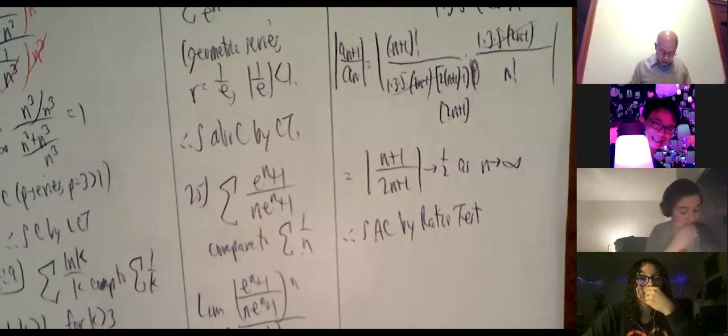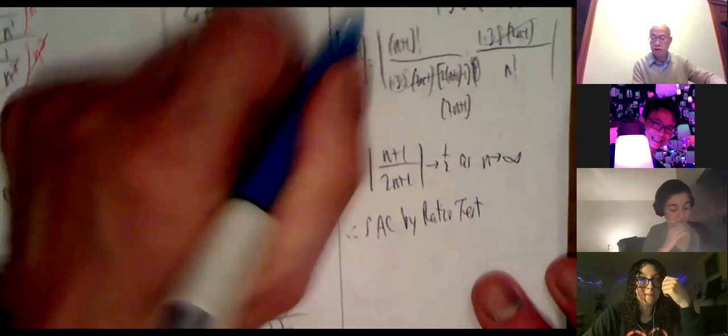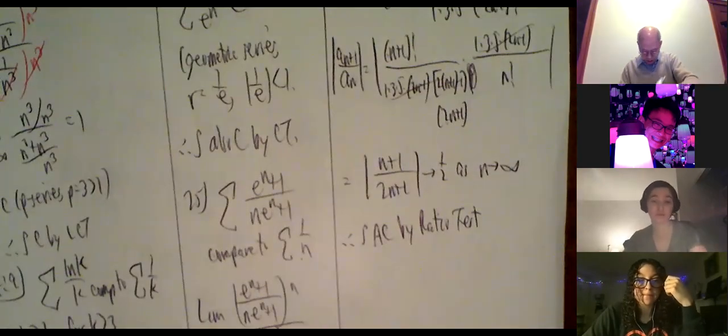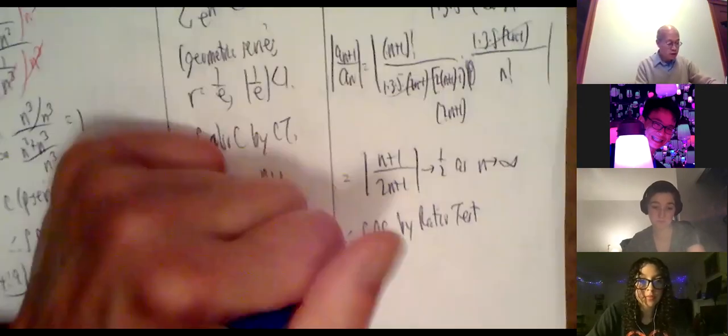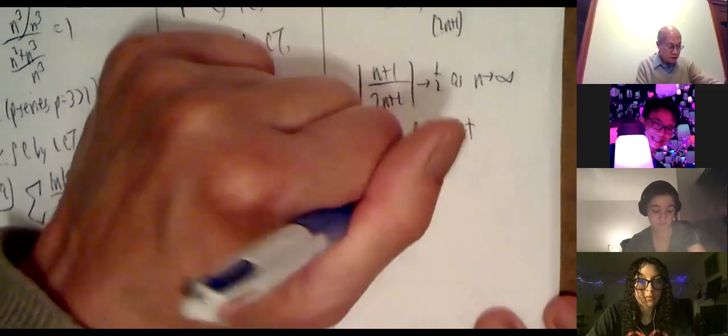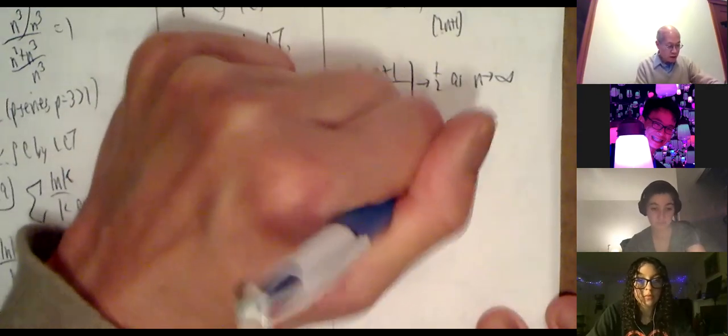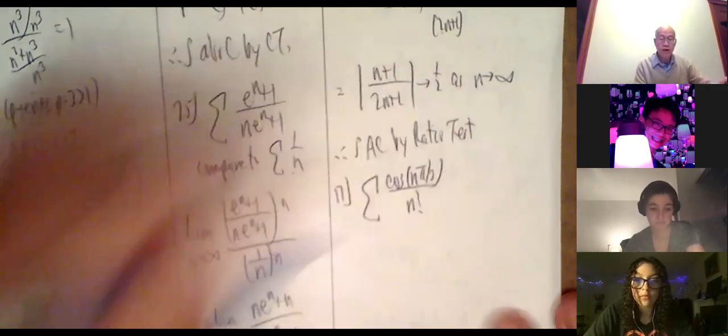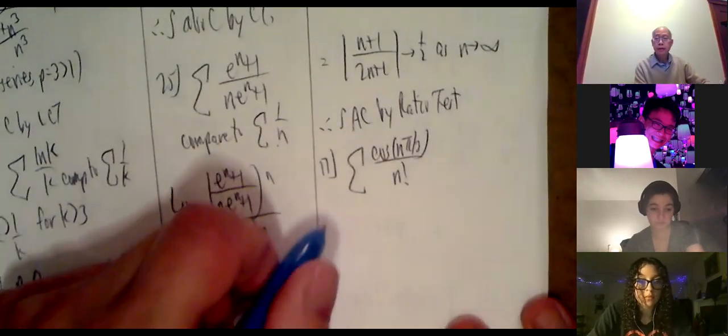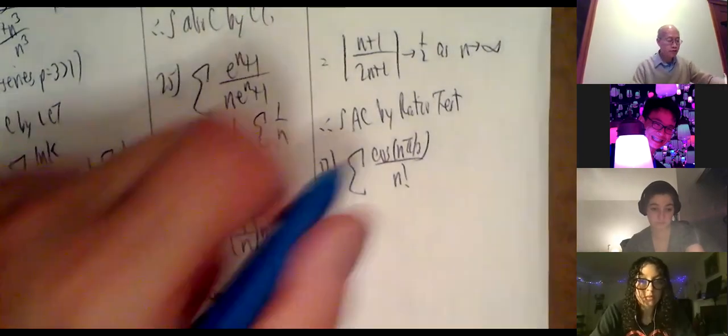So what was that one? 21? I didn't even write it down. Oh, I wrote it down here. It's 21. 17. Cosine n pi over 3 over n factorial. I'll aim for absolute convergence.